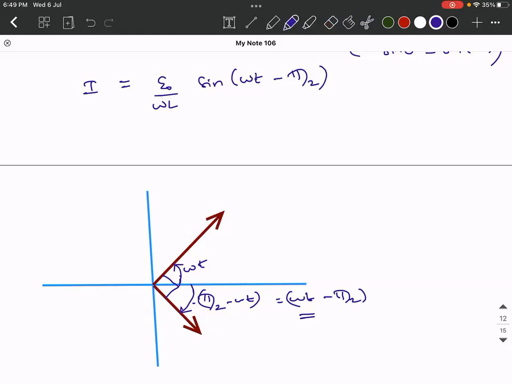So if I drop a perpendicular from here, this will be E naught sine omega t. This will be I naught sine of omega t minus pi by 2.